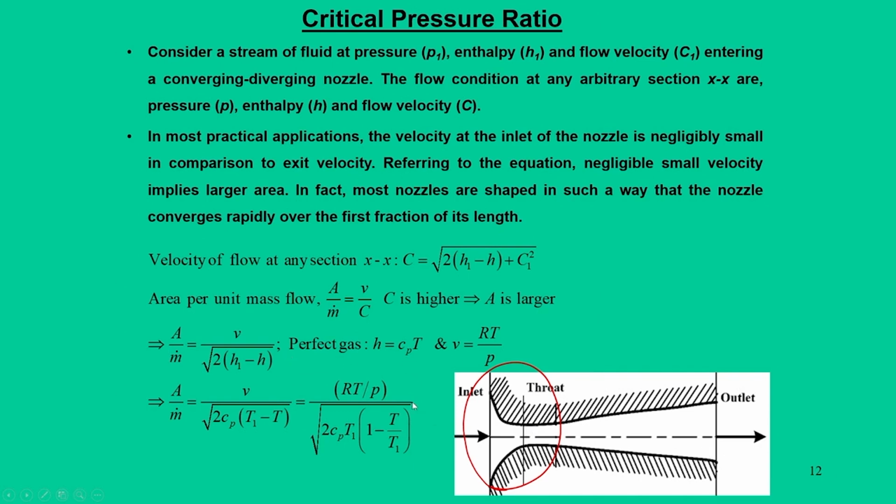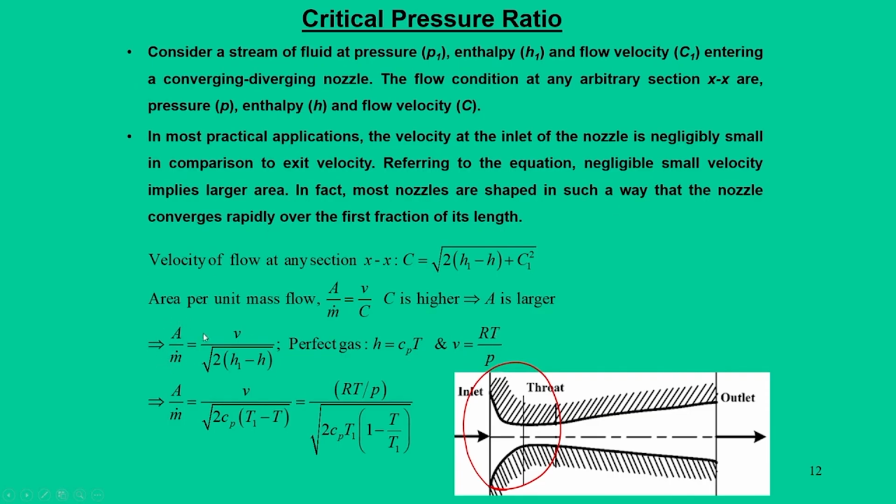Now, in this nozzle, if we are using a perfect gas, we can assume that enthalpy can be represented in terms of Cp times T, and we can use the equation of a perfect gas, that is PV is equal to RT.